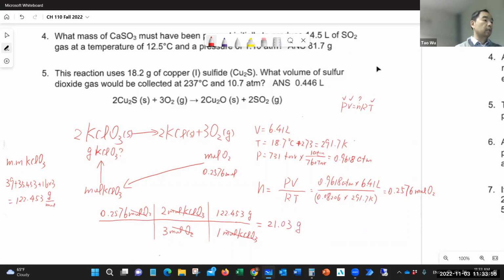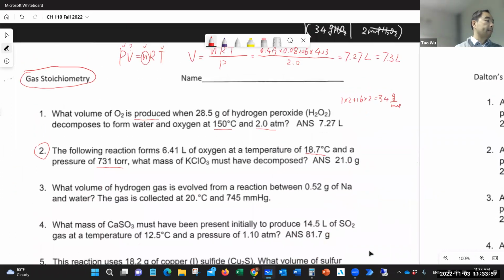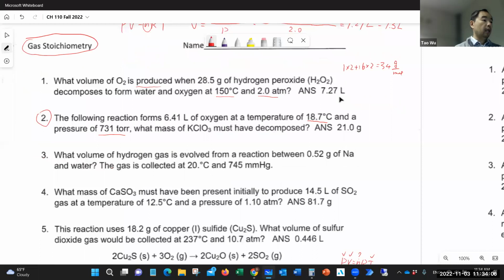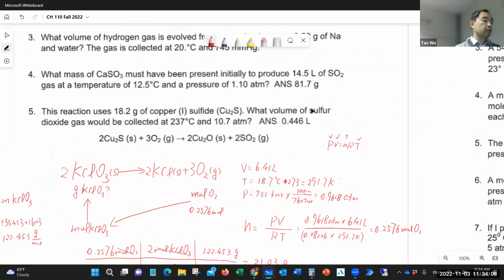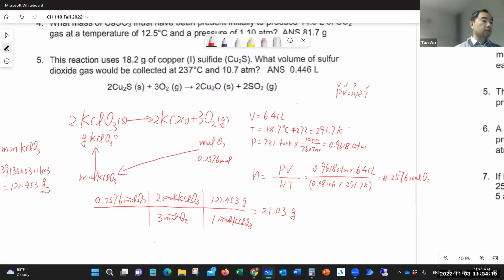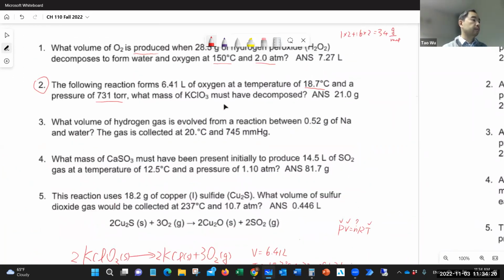And if you look at the question, the numbers the question gave are 3 sig fig. So in the end, we should keep 3 sig fig for the answer. So the answer is 21.0 gram, and that's going to be the mass of the potassium chlorate.